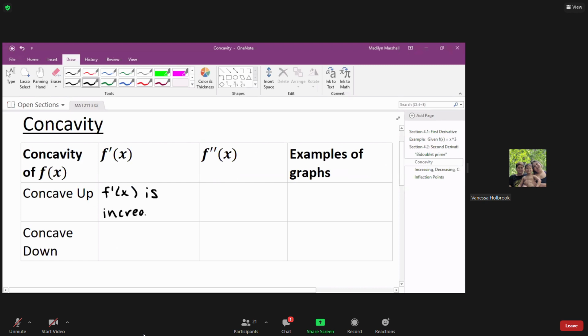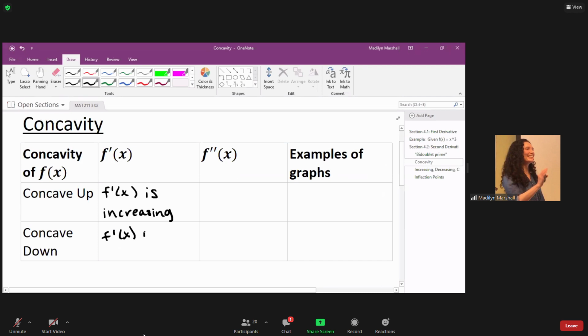And for concave down, f prime is decreasing. So that is conceptually what's happening. But if we want to actually do some math and investigation on the function to figure out where f prime is increasing and f prime is decreasing, we need to use f double prime, or the second derivative.